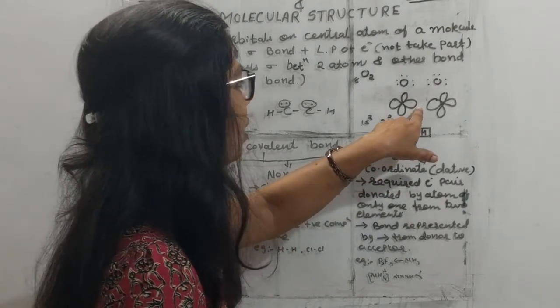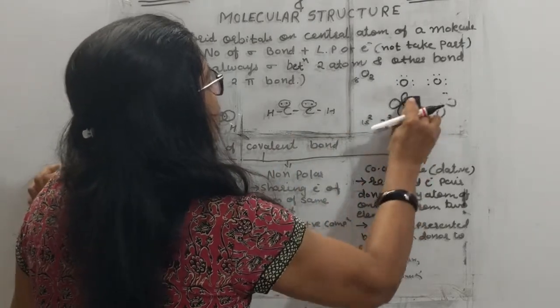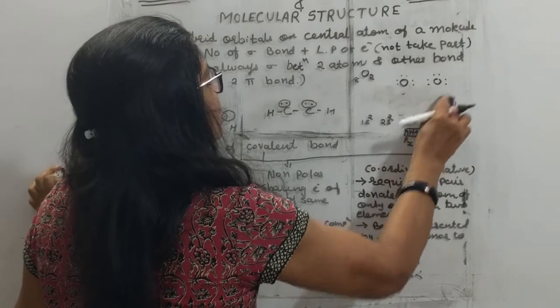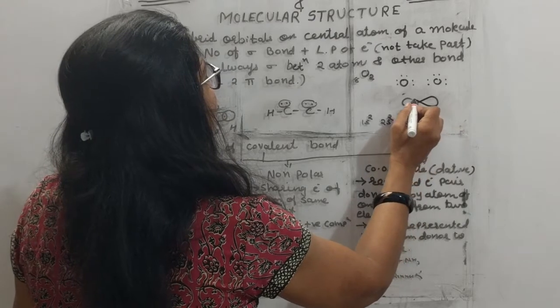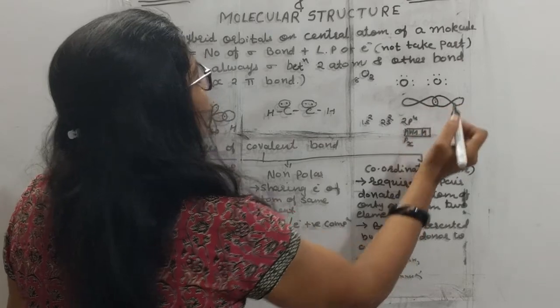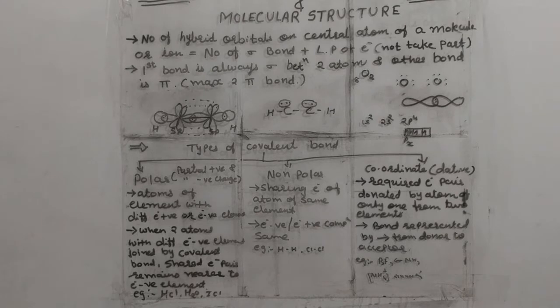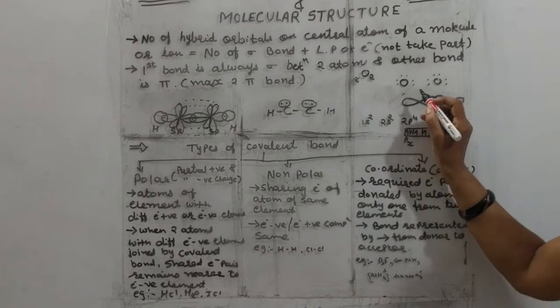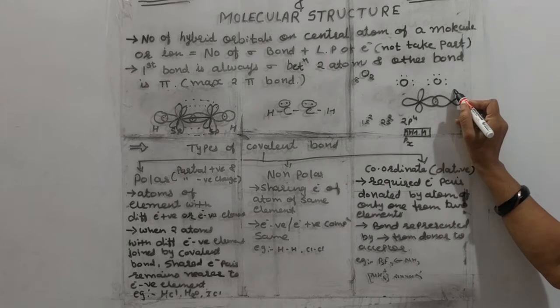So now the overlapping occurs between these two. So the overlapping occurs between px and px. Now I am showing the overlapping with px. One electron takes part in the bond formation, and for the other, this py is remaining and here also py is remaining.